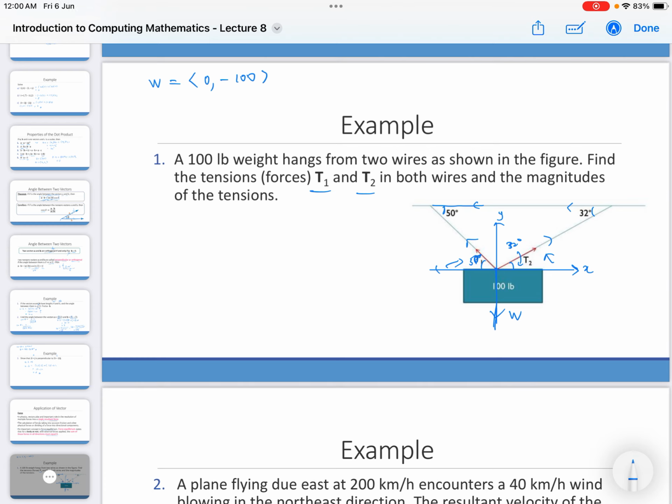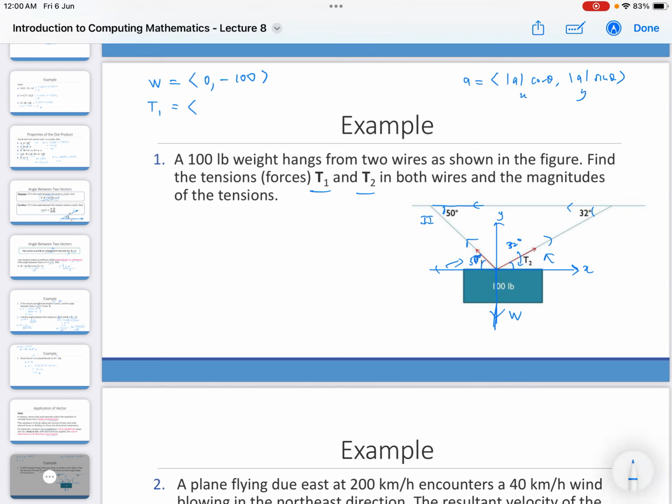Okay, and then we have the forces T1 and T2. This is when we use the trigonometric rule. The T1 here is actually in the second quadrant. If you still remember, let's say I put here vector A. This is equal to norm of A cos theta for the first component, and the second component is norm of A sin theta. So this is the x and y component.